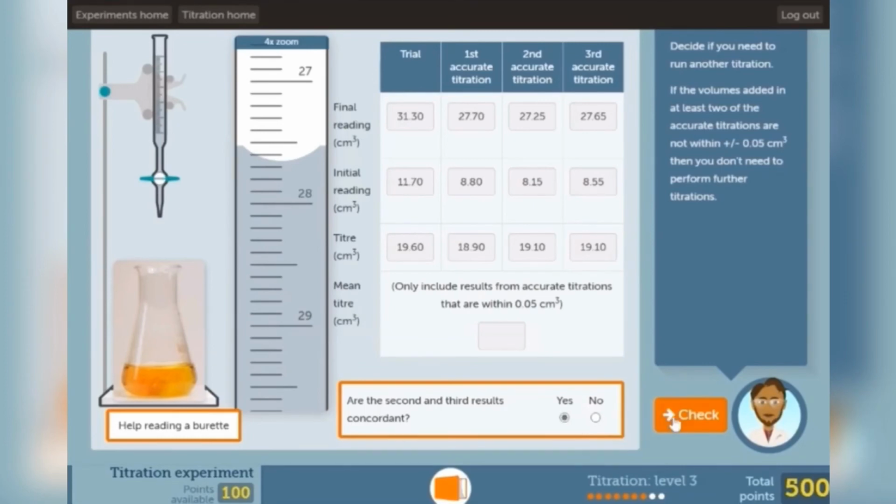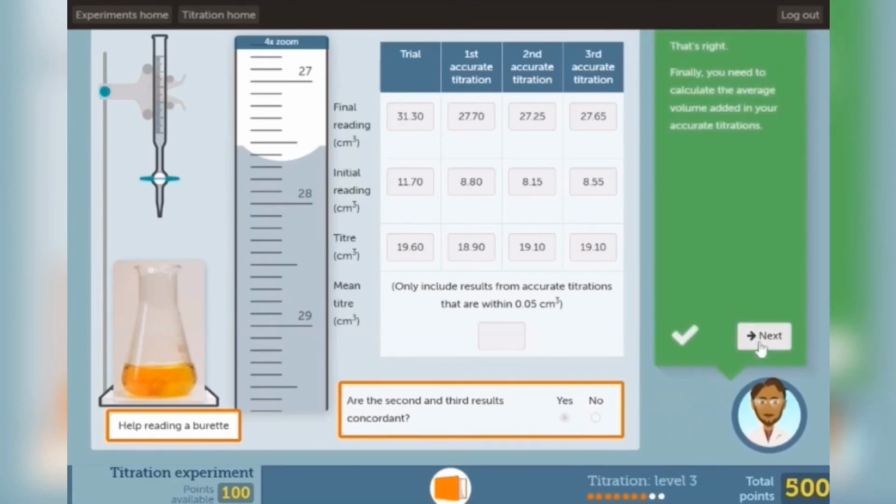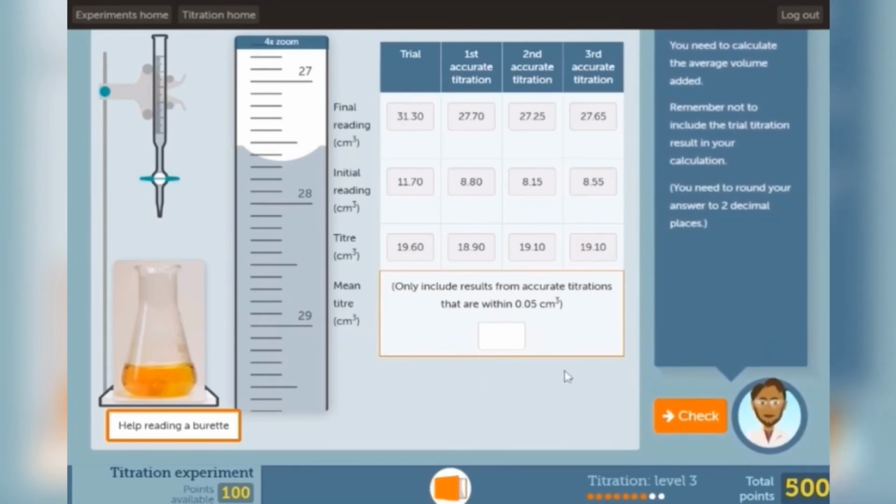Next, the average of the three accurate titrations is 19.10 cm³.